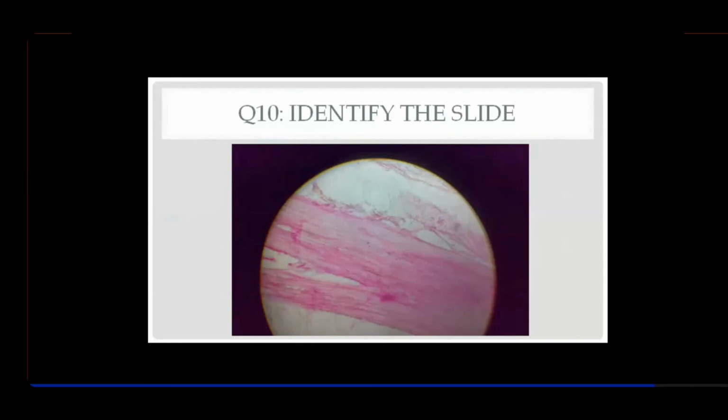So to bring about efficient work, the tendons have regular, parallelly arranged collagen fibers. So remember that this slide you can see now is of a tendon, where all the fibers are running parallelly and regularly arranged.